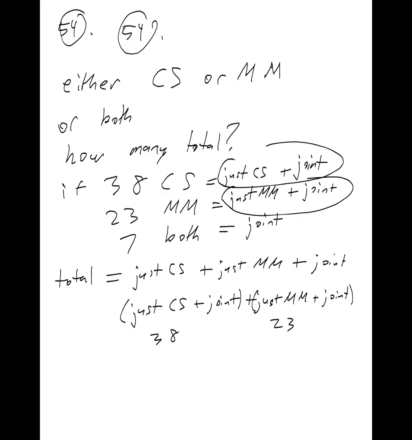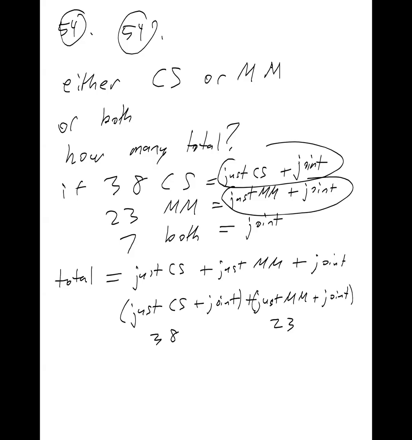But what if I have just CS plus joint and I have just MM plus joint? What can I do to those four terms so that it only has three terms left in it instead of four? Subtract. Subtract what? Joint. Joint, yeah.